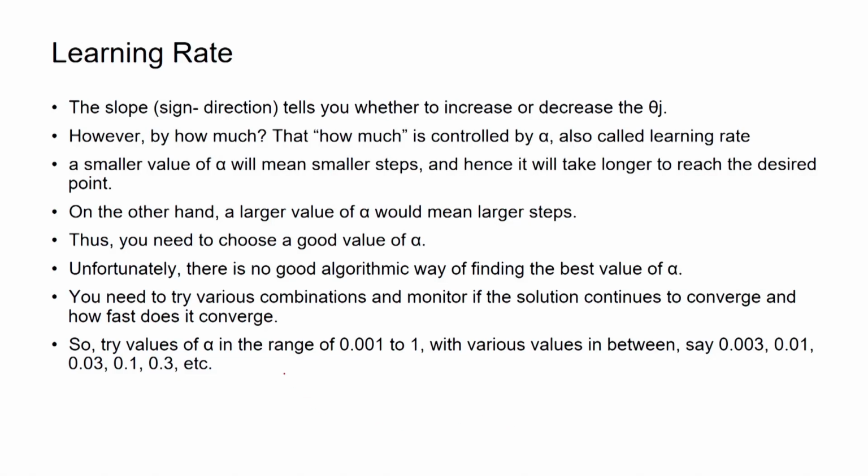Generally the range of alpha is 0.001 to 1, and if we do not have any idea we can take any value between these. But we do lots of experiments. We generally take some low value, and then try to increase the value of alpha and check what the effect of alpha is on the gradient descent method, and how the parameter values are changing based on the value of alpha.